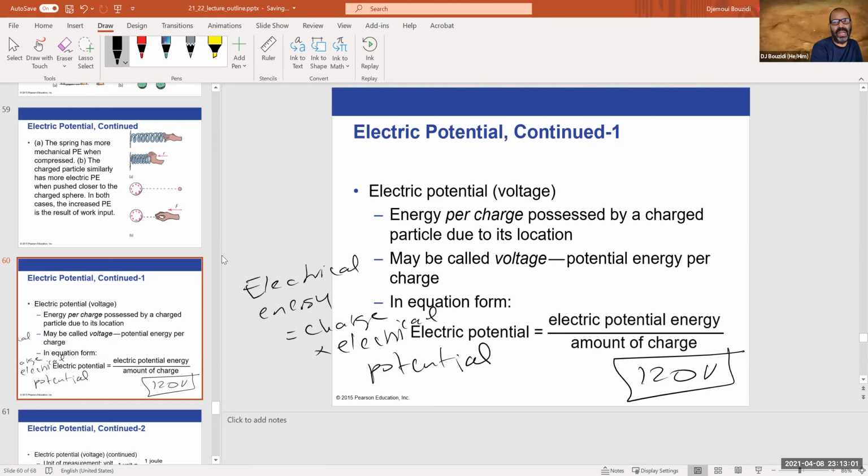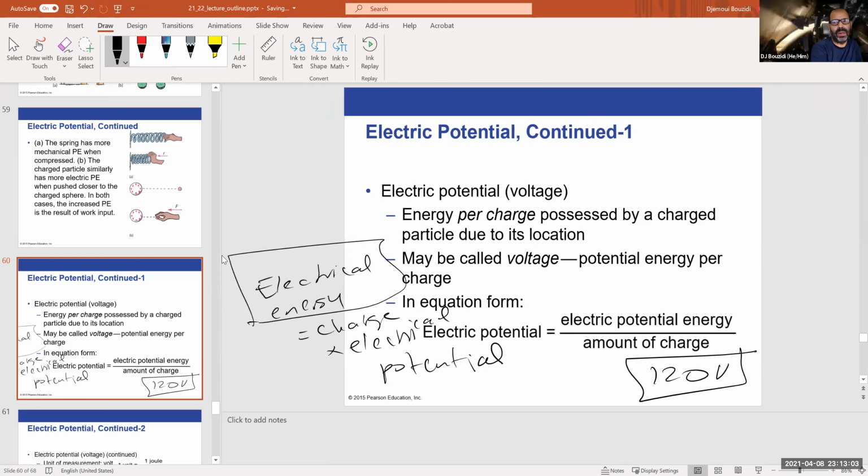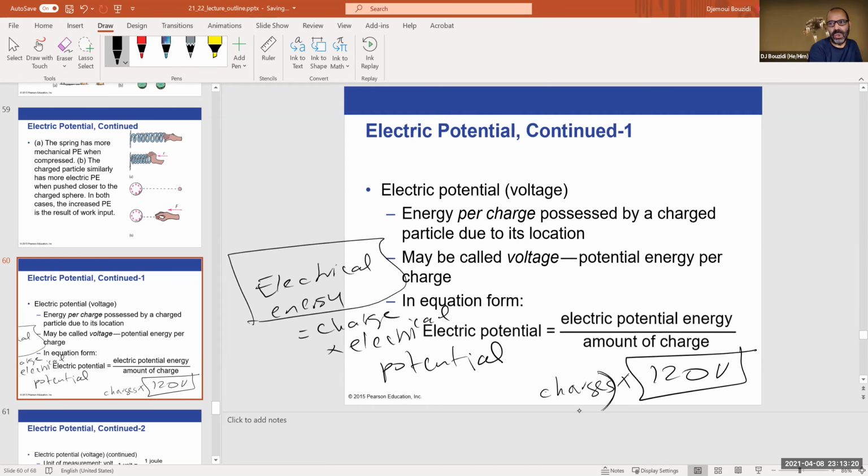How much the power company will charge you is not based on the fact that you have 120 volts in your home. That they will provide, and every plug is the same, 120 volts. How much they charge you depends on how much charge you actually consume, that they have to push through the wire. That is what you're going to pay for.